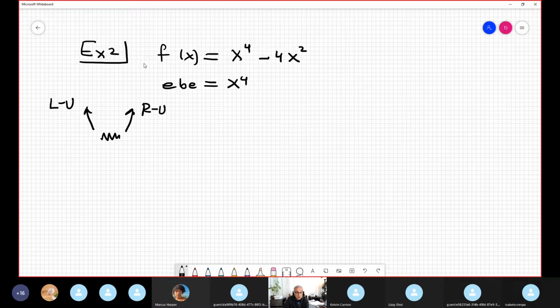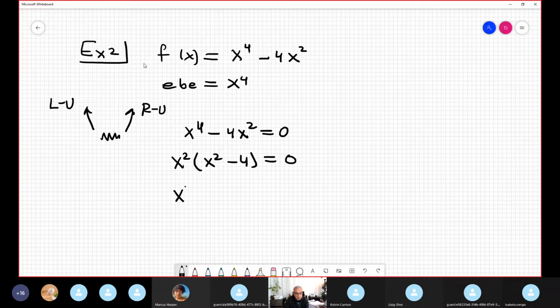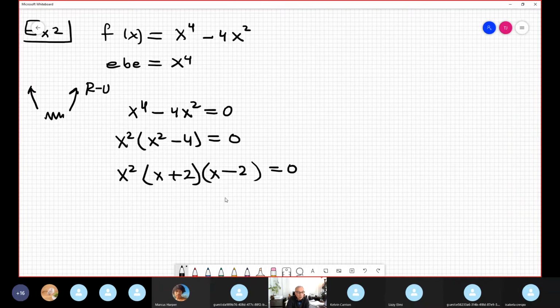Now for the zeros: you set the polynomial equal to 0 and try to factor. The greatest common factor is x squared, leaving x squared times x squared minus 4. I continue factoring because x squared minus 4 is a difference of squares: x plus 2 and x minus 2.